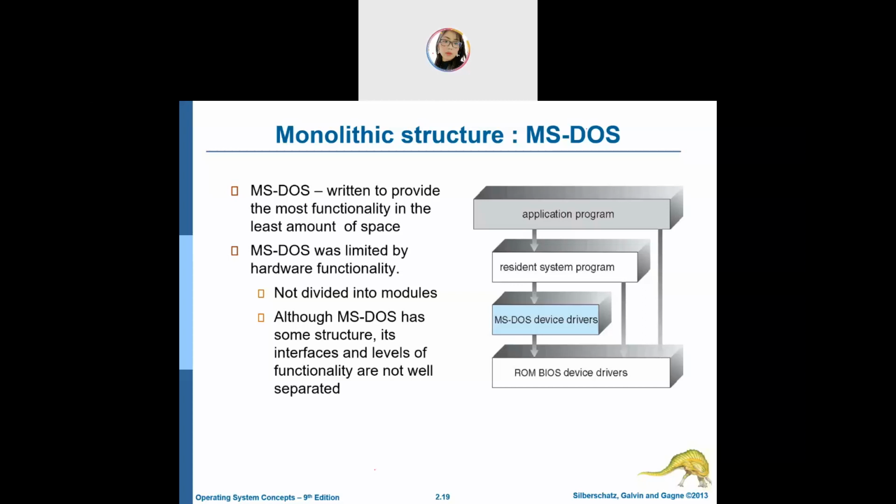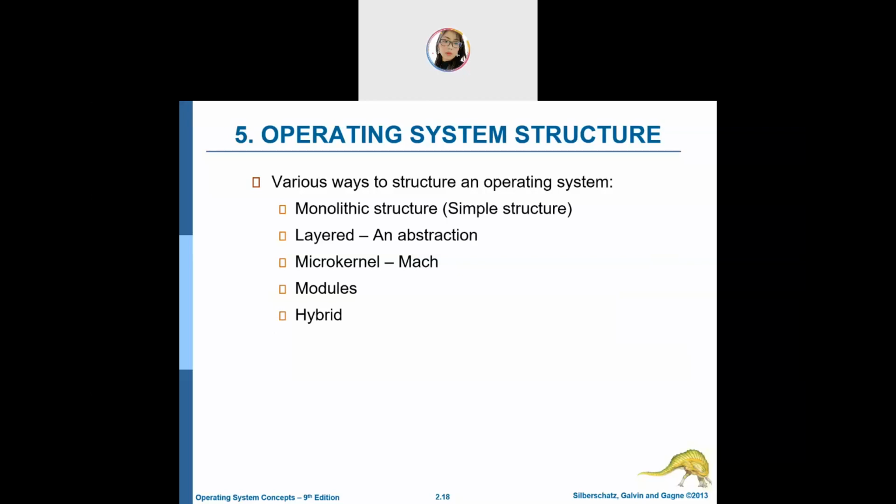This is on your system call, and it is your operating system structure. There are several types: 1, 2, 3, 4, 5. Layer is the second, microkernel is the third, module is the fourth, and lastly hybrid.